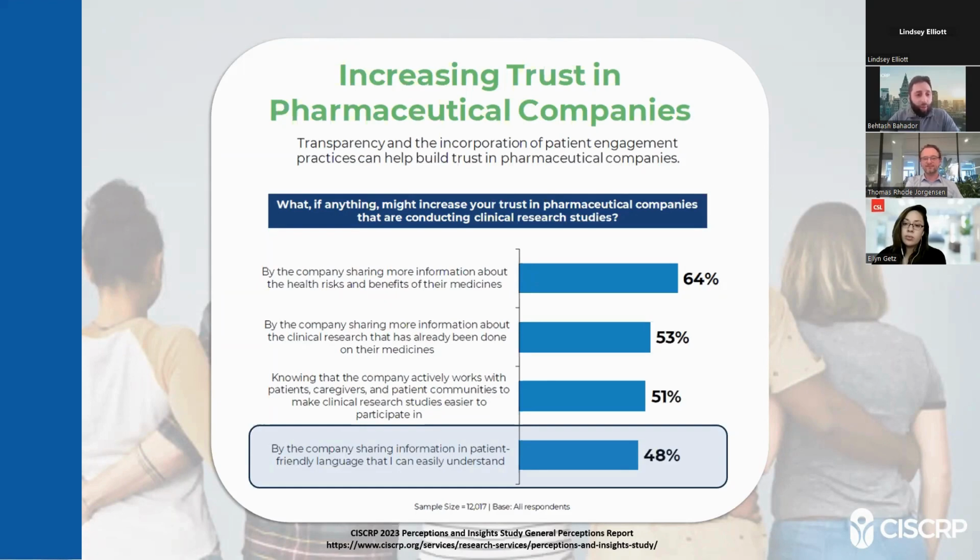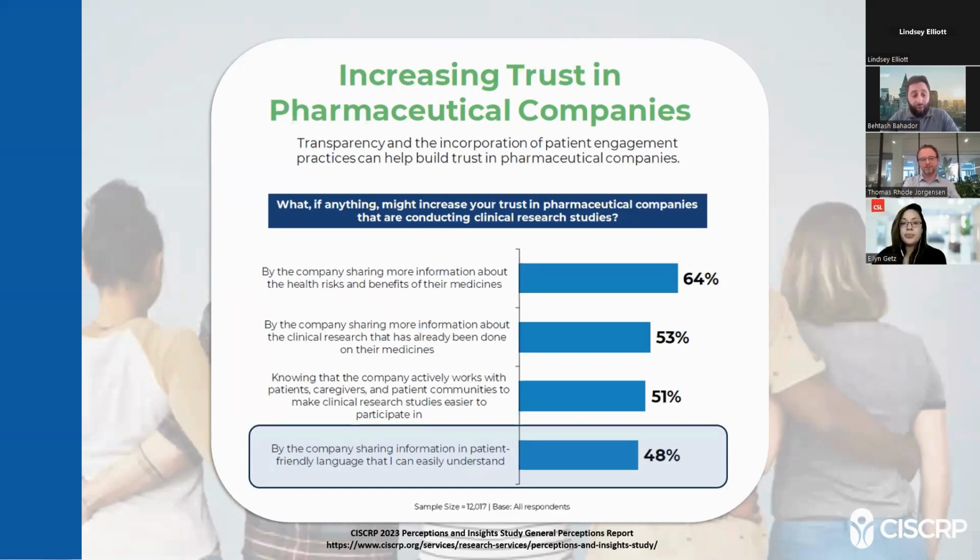And just one point that we thought might be helpful to share from SysScript's 2023 Perception and Insights Survey is that the fourth highest ranked item in helping to improve trust in pharmaceutical companies is patients and the public knowing that a company is sharing information in patient-friendly language that can easily be understood.